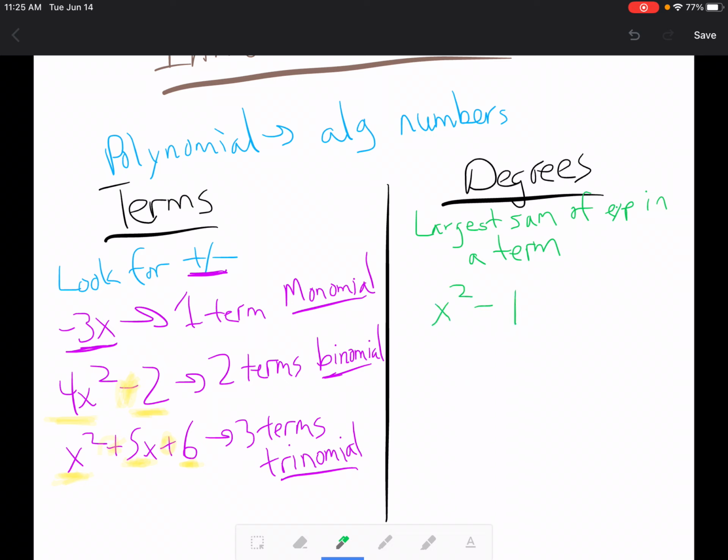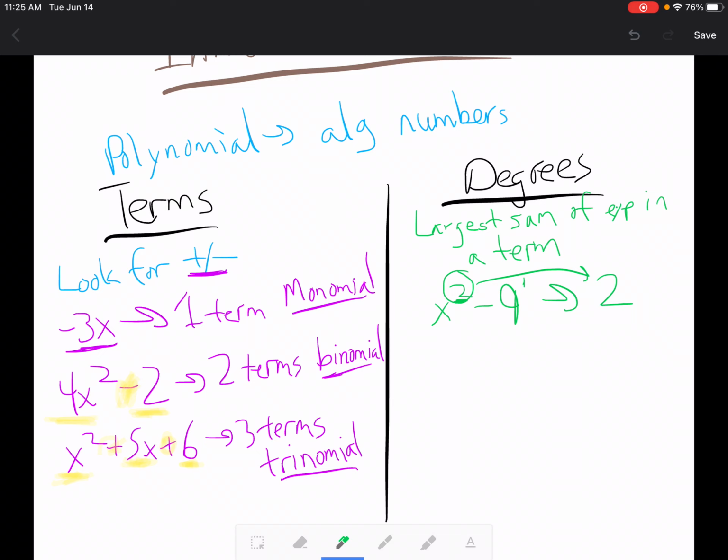X squared minus 9. The degree of this polynomial is going to be 2. Okay? Because of that right there. So that's my connection. I look for the largest exponent I have. 9 has a little phantom exponent of 1 there, and actually we wouldn't even count that because it's a number. I want to look for the variables, but since this is 2, my degree is going to be 2.